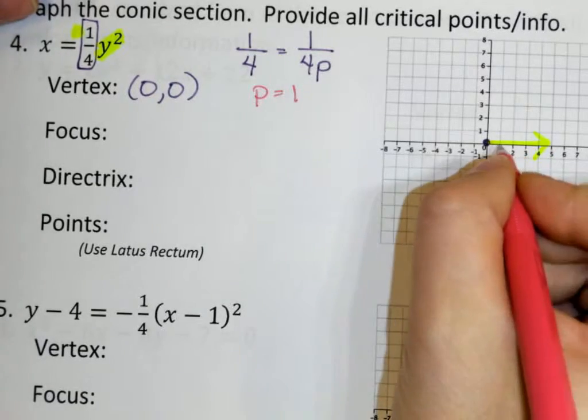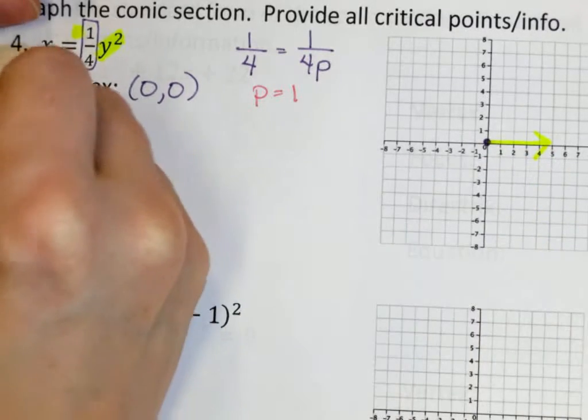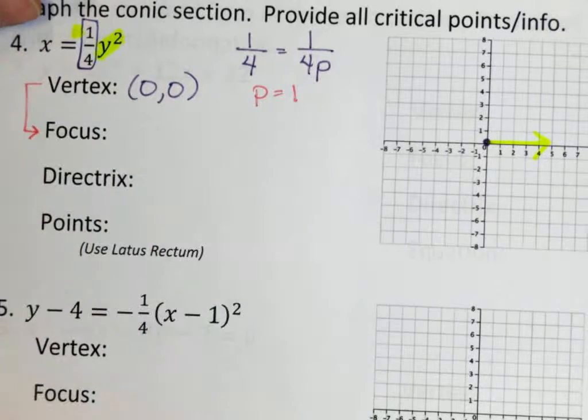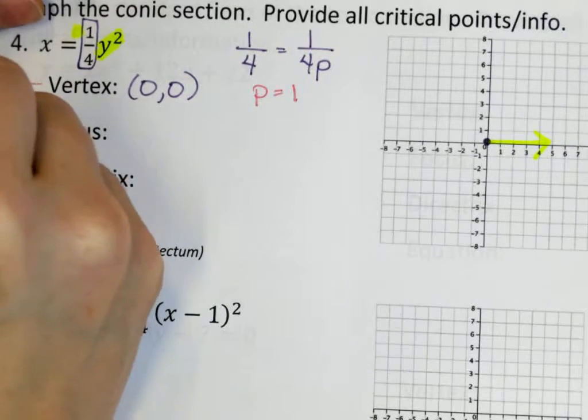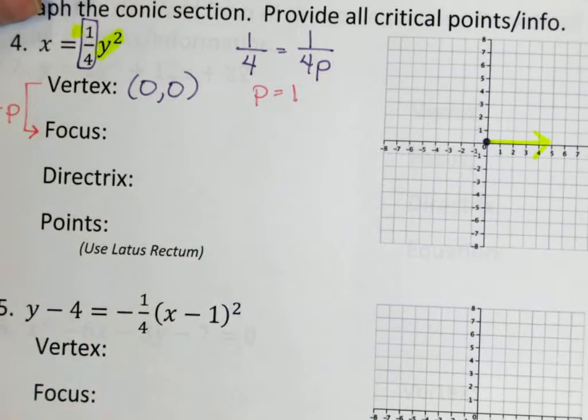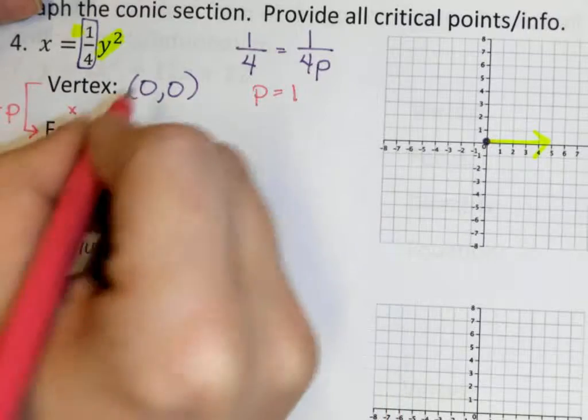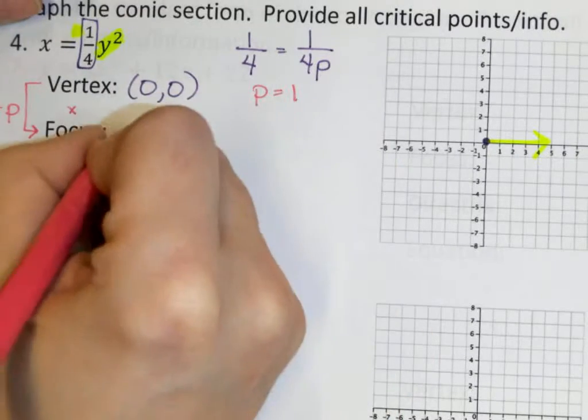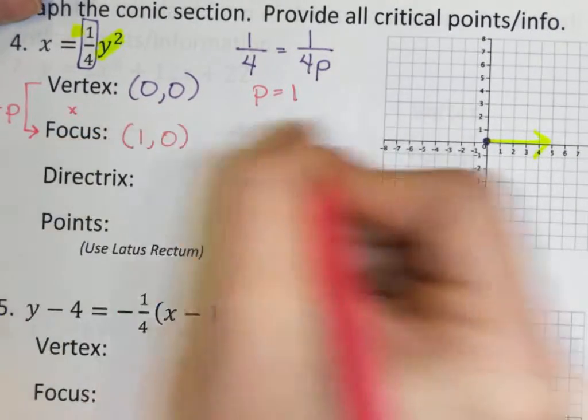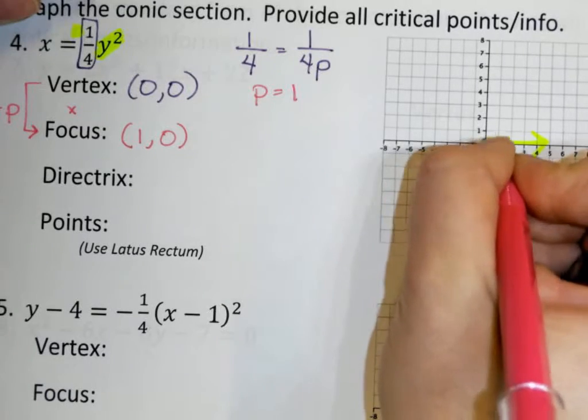That means for my focus, what am I going to do to get from the vertex to the focus? I add P, and who am I going to be doing that to? To which one? X. Okay, so adding 1 to the X gives me 1, 0. Adding goes right there.